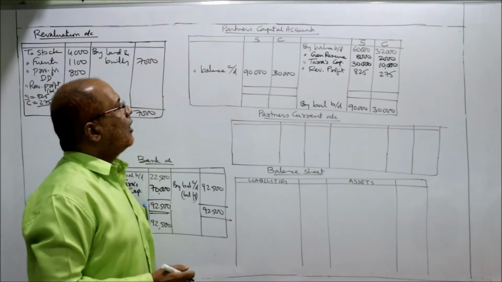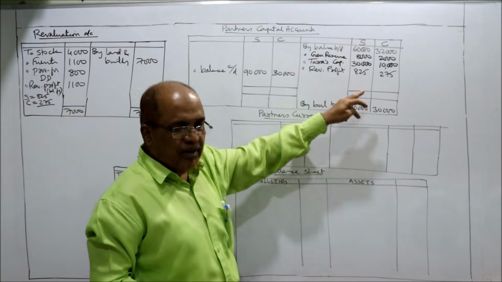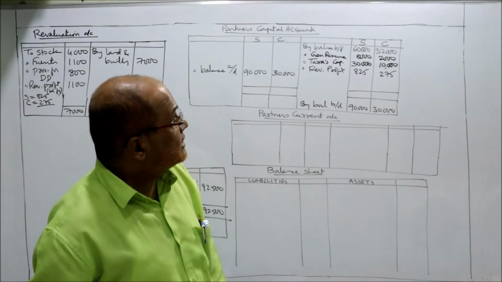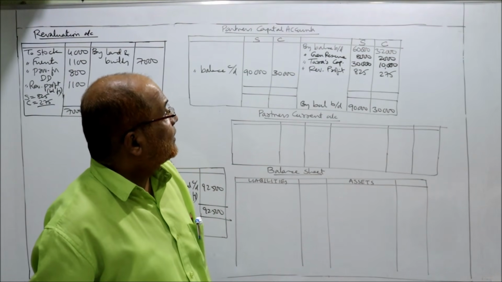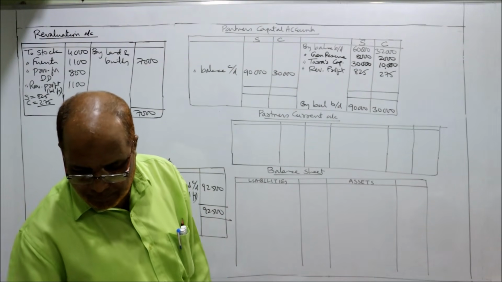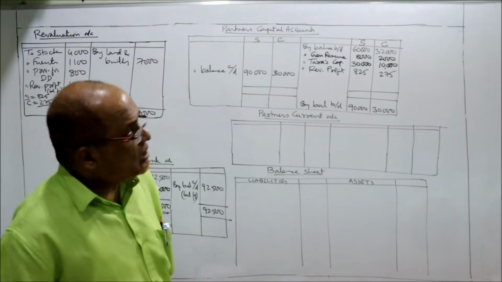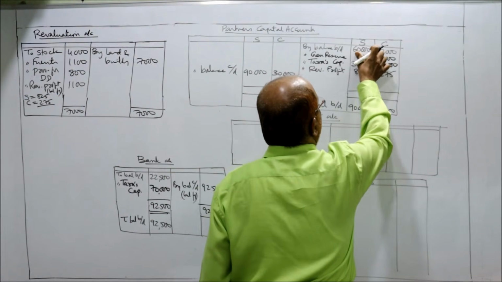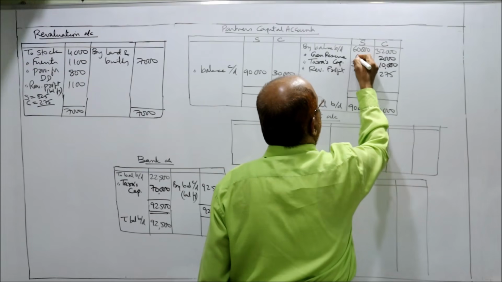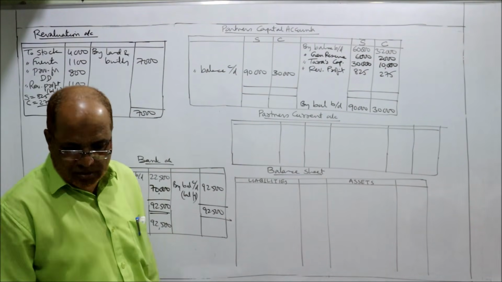Now we'll see how much balance we are having on the credit side of Surya. In Surya's account the credit side total is 60,000, 30,000, 8,000 and 825. General reserve 6,000 and 2,000, 8,000.